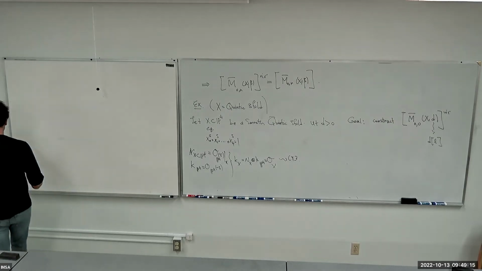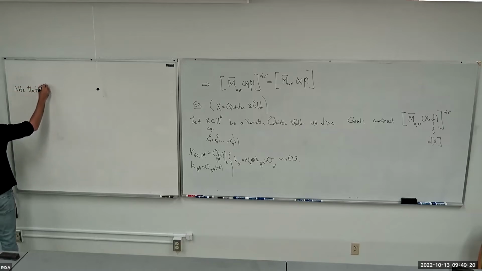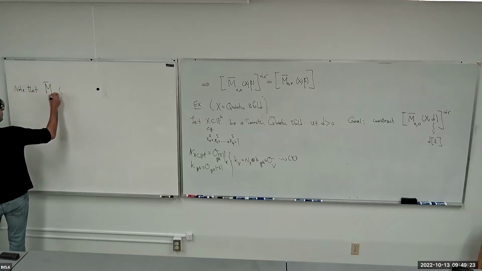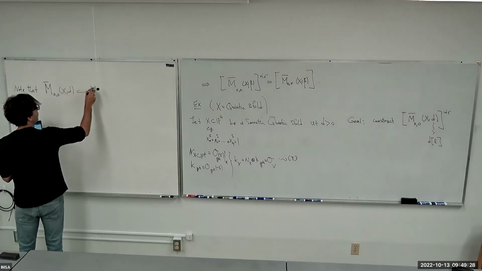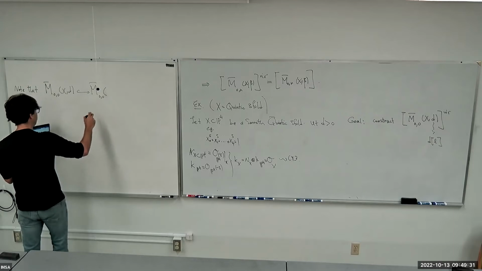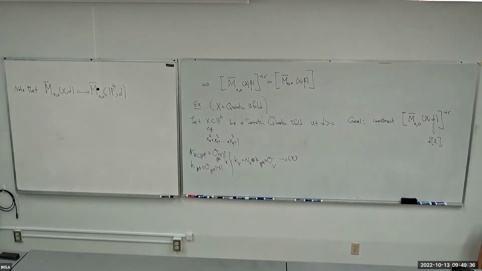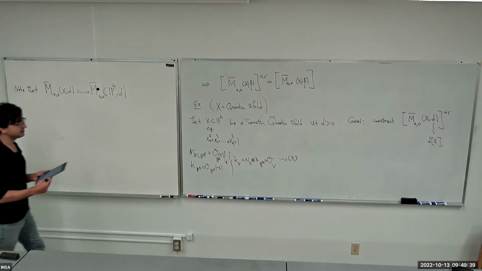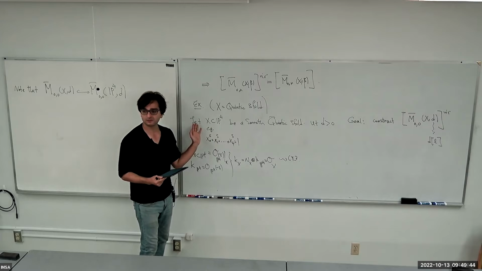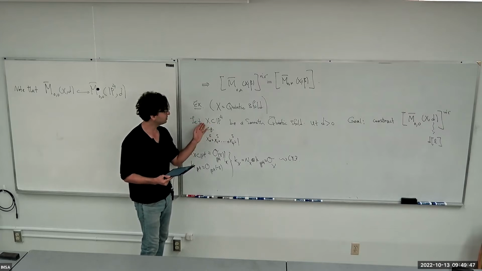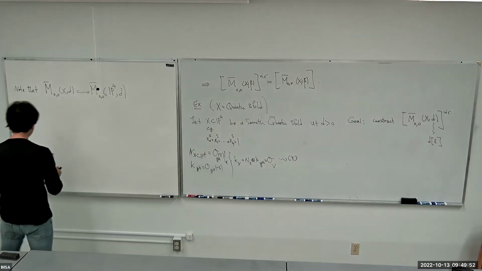For instance, note that M bar 0,0 of X, D sits inside M bar 0,0 of P4, D. Because X is inside P4, if I look at degree D maps from lines to X, those sit inside degree D maps from lines to P4 as an embedding.